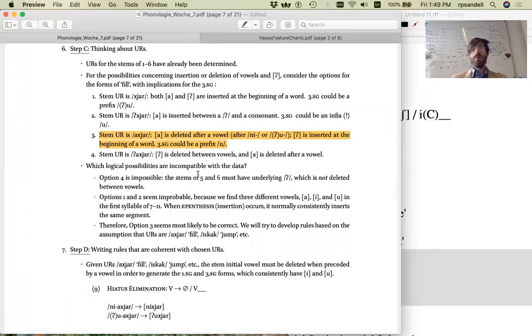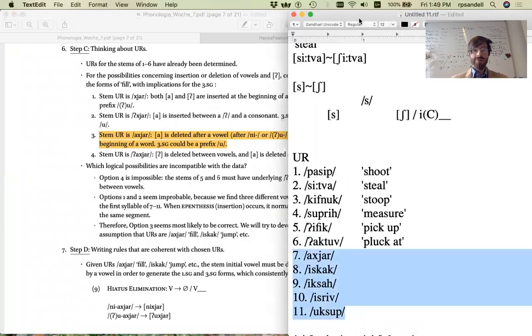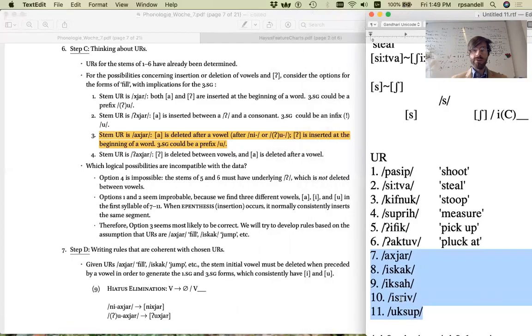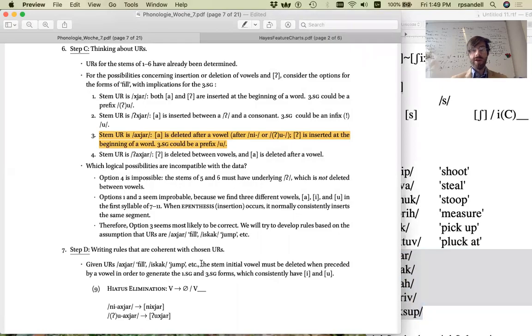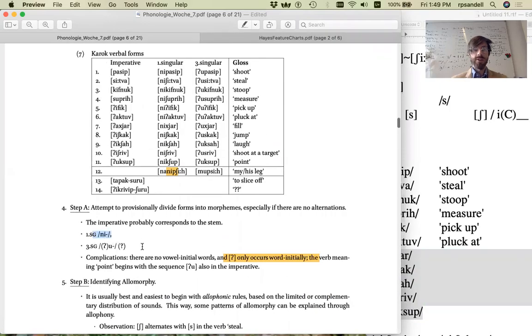So now let's write our additional phonological rules. Given that we have underlying representations that are vowel initial, it's clear that the stem initial vowel has to be deleted when it's preceded by a vowel in order to generate the first singular and third singular forms, which always have the vowels i and u, which must be part of the underlying representation of those prefixes.